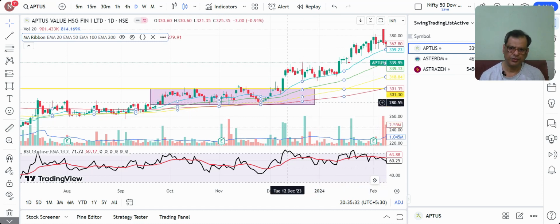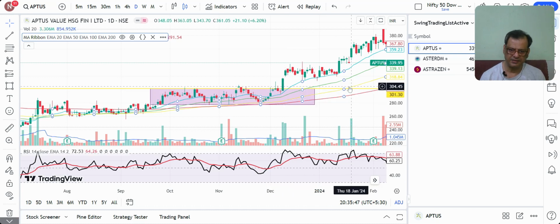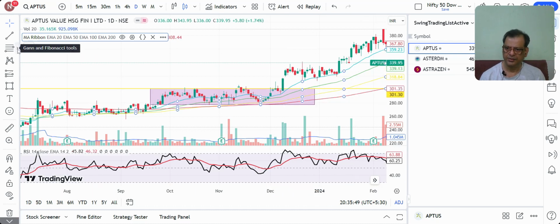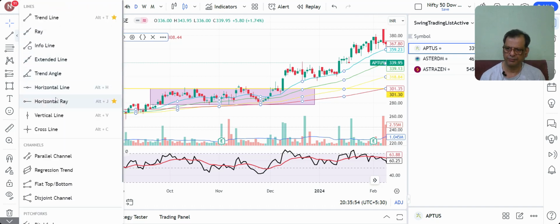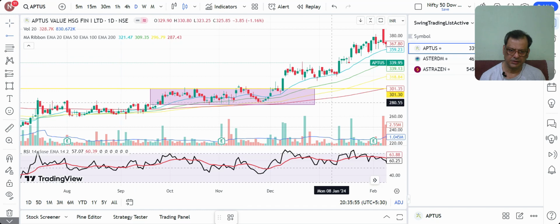So what you're going to do is place a buy order with some buffer, say 301.85 or 301.75. You want to place a buy order a little above the top of this rectangle, which is 301.35, right?